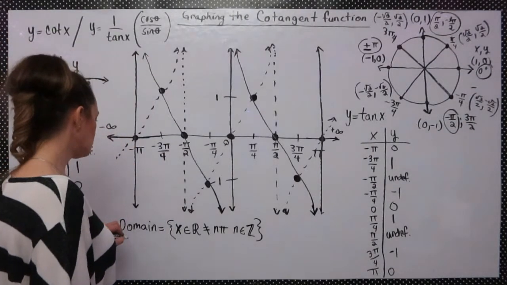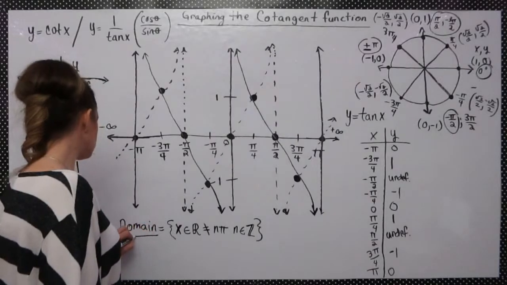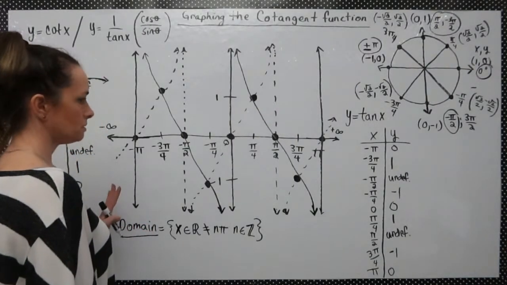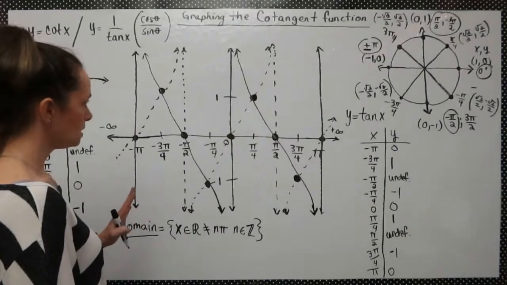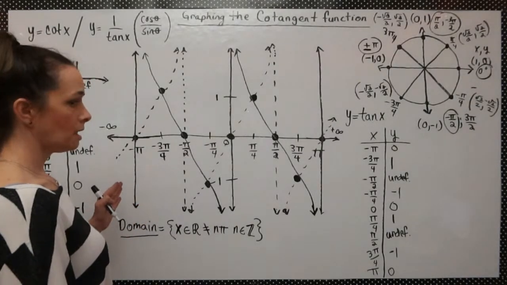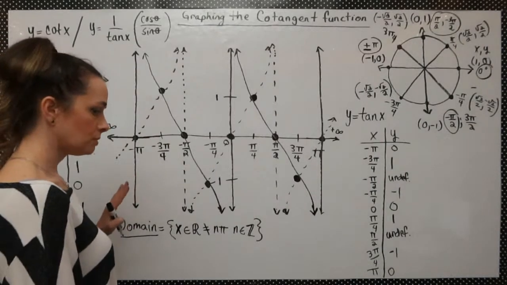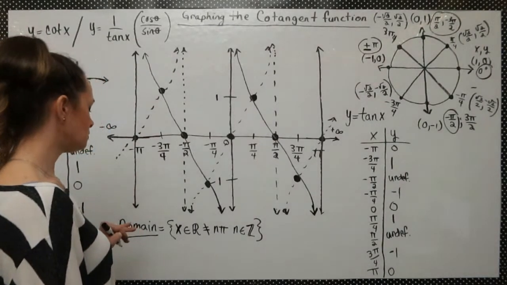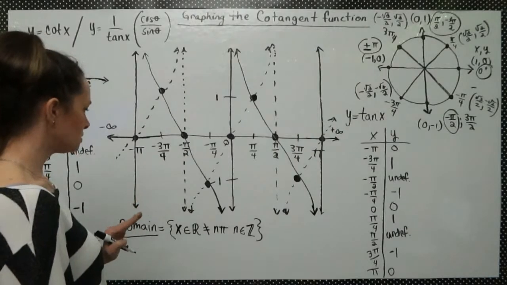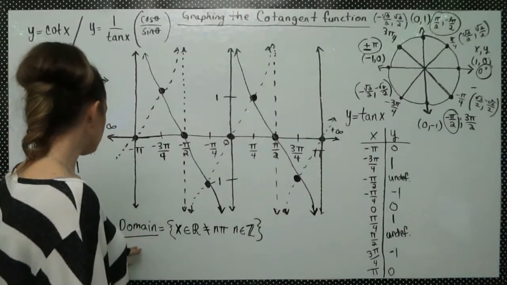And again, when you're stating the domain of one of these rational functions, sometimes if it's only one asymptote or two, it's a lot easier to use interval notation. But when you're dealing with a periodic function with asymptotes, I haven't really found a way.